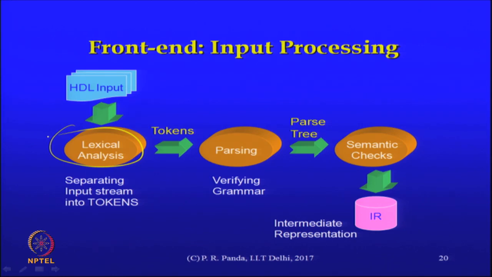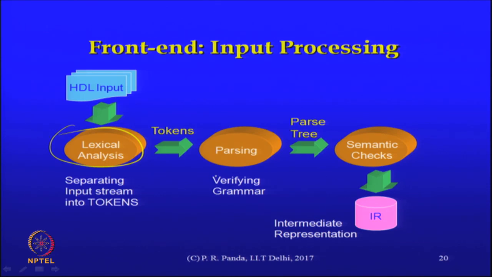For example, entity is a token, and the word architecture is a token, and others would be classified as identifiers that are not necessarily keywords, and you would also have separators, constant integers, and so on. So, it is just a classification of the input into a bunch of lexical objects called tokens.